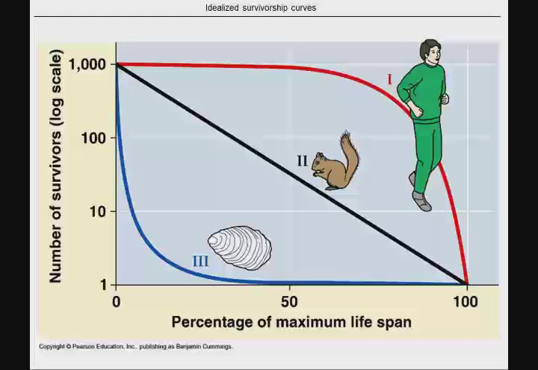And then finally, a type 3 curve is what we see in many marine invertebrates, like oysters or sea anemones or barnacles, all kinds of stuff. And type 3 is high infant mortality, which then stabilizes until you reach a threshold age. So this is oftentimes what you see what we call broadcast spawning, where things in the ocean will release sperm and egg just into the water, and there'll be millions and millions and millions of sperm and egg.